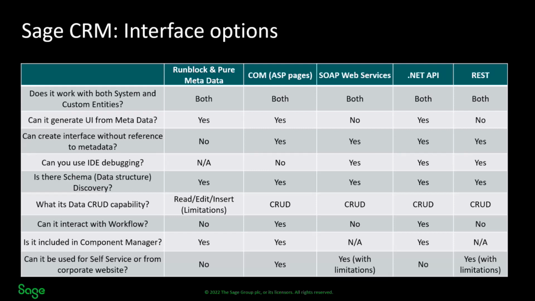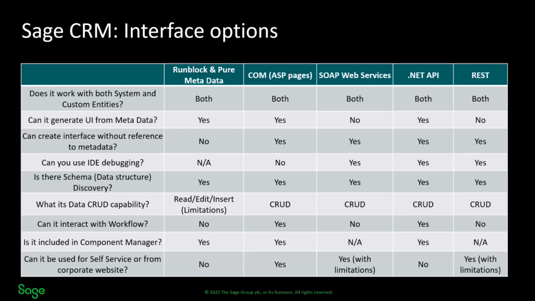There's no debugging of it, and is there a sense that you can start to discover what's going on inside Sage CRM? Yes, absolutely. Anything inside metadata can be discovered. And so you've got that idea of schema discovery is fine. Its ability to manage data is a little bit limited.